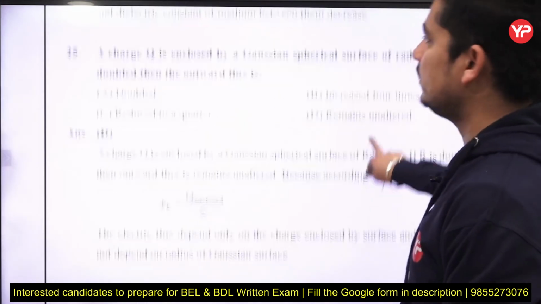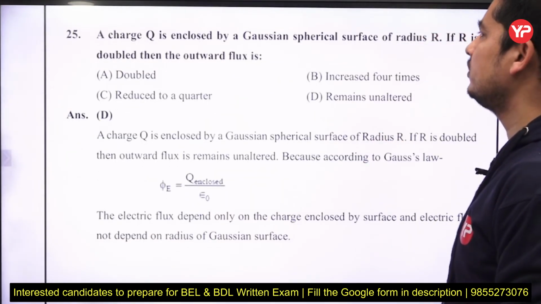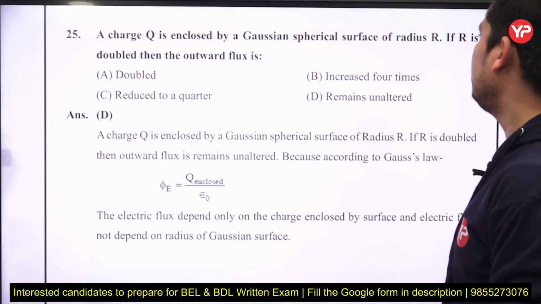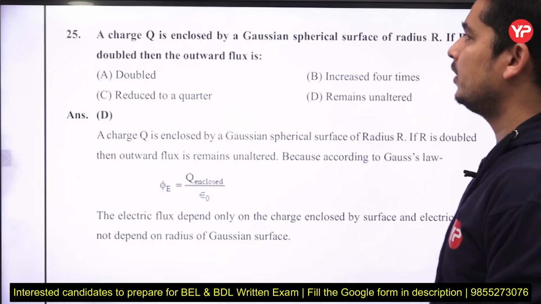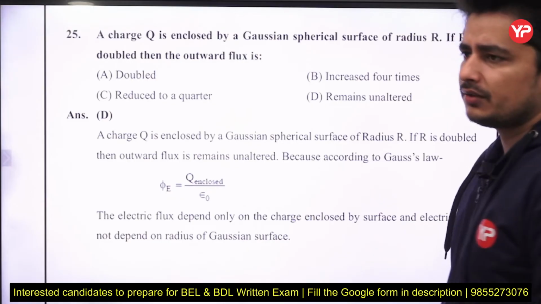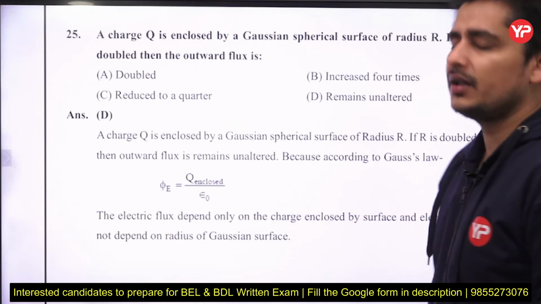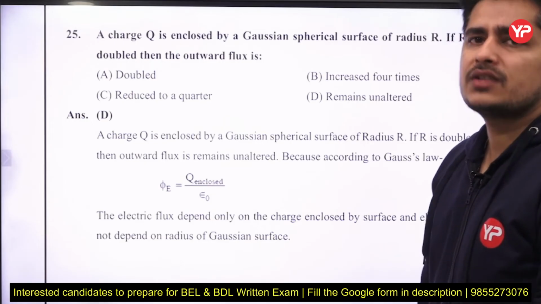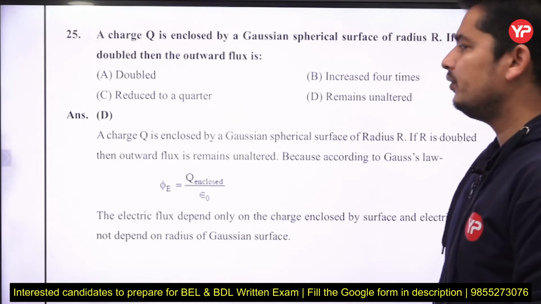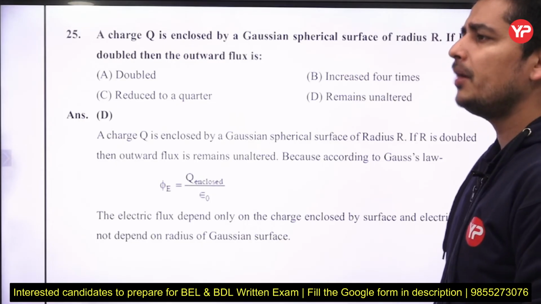So that is the relation. A charge q is enclosed by a Gaussian spherical surface of radius r. If r is doubled, what happens to the outward flux? See, whenever we are calculating the flux, it is charge enclosed divided by epsilon naught, phi. This is the electric flux, right? The flux depends only on the charge enclosed.